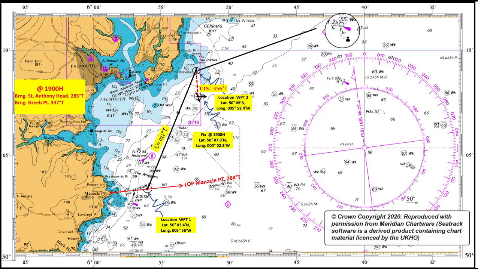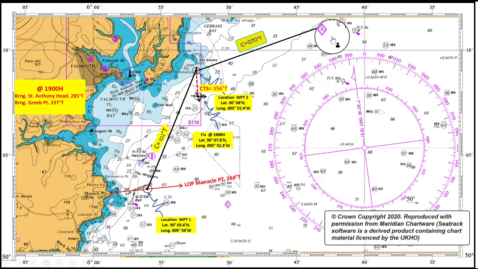Let's make a dead reckoning. If your speed is 5 knots, determine the location of your ship at 2020 hours using the dead reckoning method. Your ship is here at waypoint 2. You are asked, where is the ship using dead reckoning at 2020? It's very simple. You now have the direction.